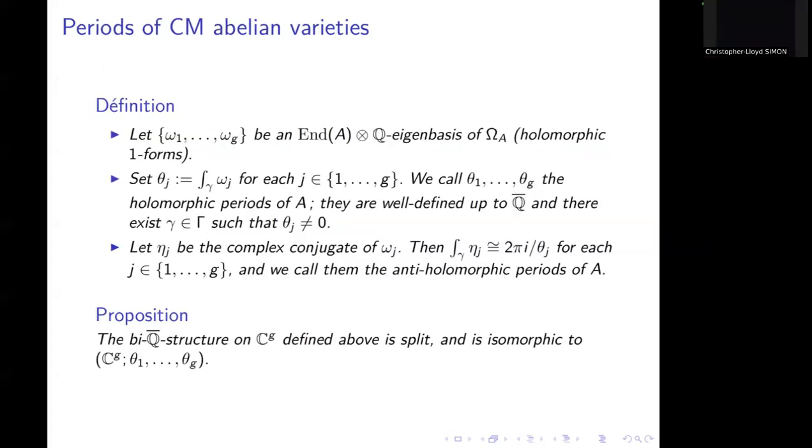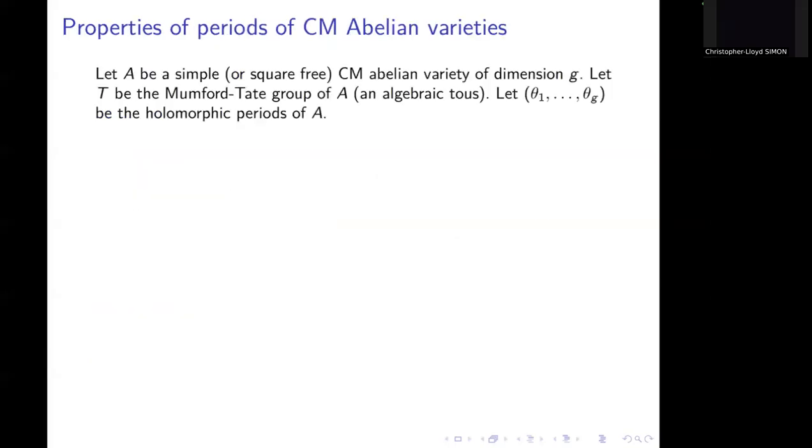Okay, but I want to remind you of some properties of holomorphic periods on CM abelian varieties. The important input is the Mumford-Tate group of the abelian variety, which is a torus in this case.